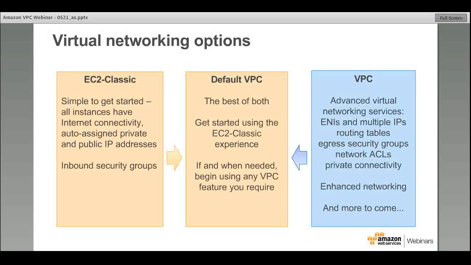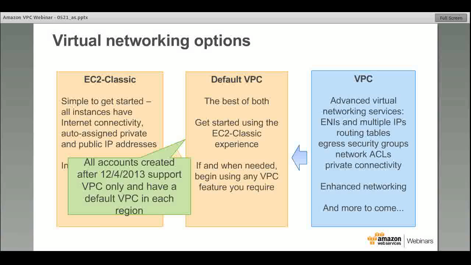But with default VPC, you can get started with that simple capability and then add VPC features as you need based on the individual workload or application. All accounts that have been created after December 2013 support VPC only and have a default VPC to get this ideal experience.